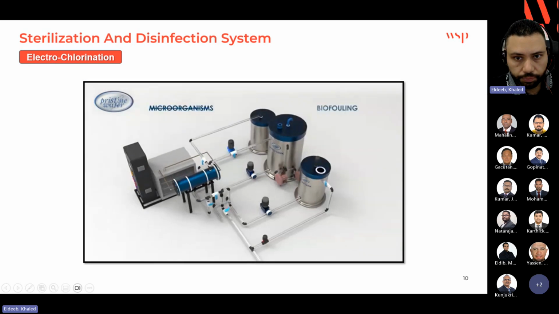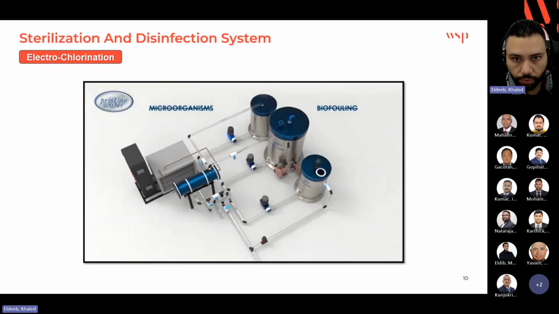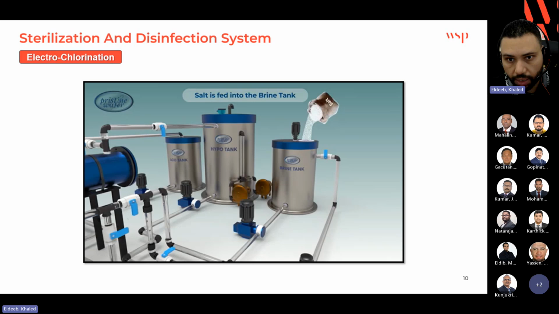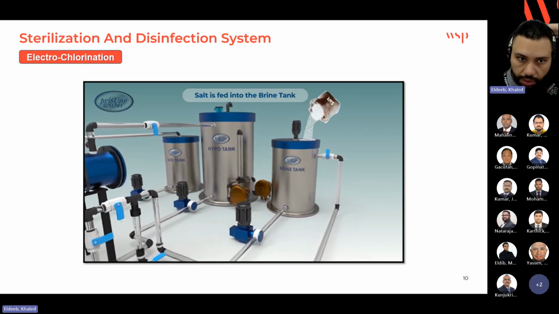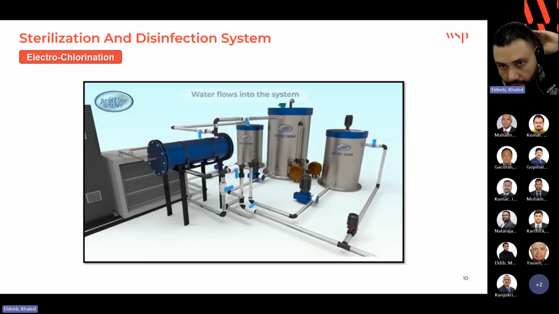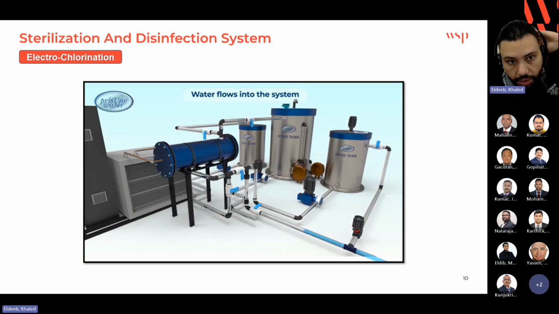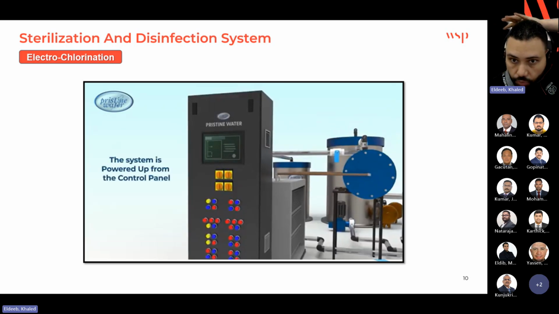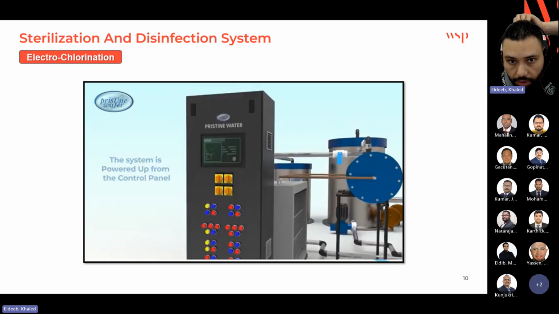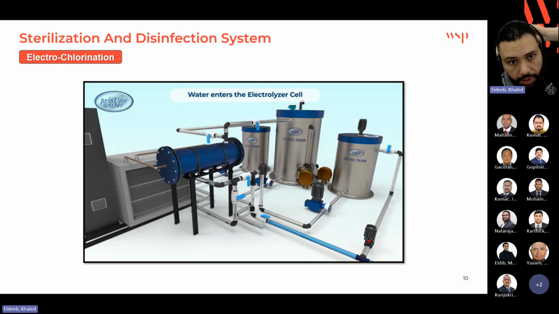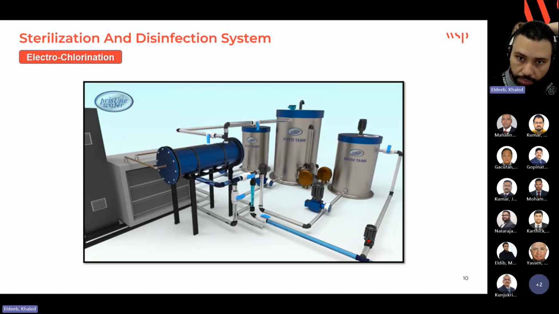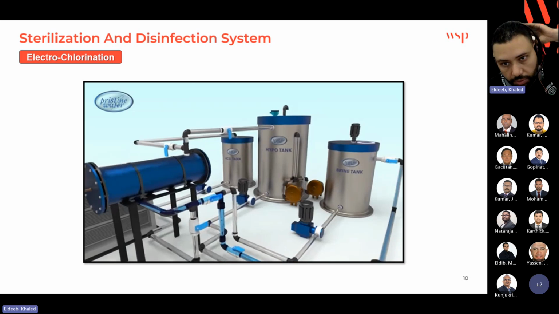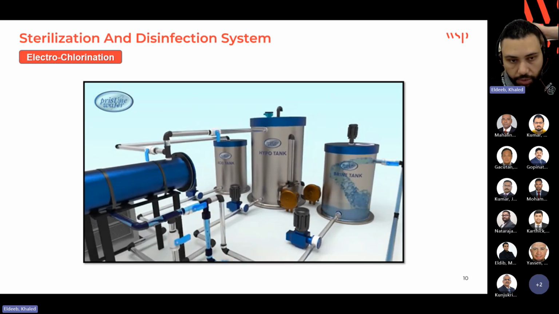This video explains how the system works. In the initial start, we have to prepare the system. You see here, he puts salt in the tank. This is called the brine tank, and provides fresh water to all pipes, including the brine tank. Then the salt should be mixed properly with the water to create the brine solution.